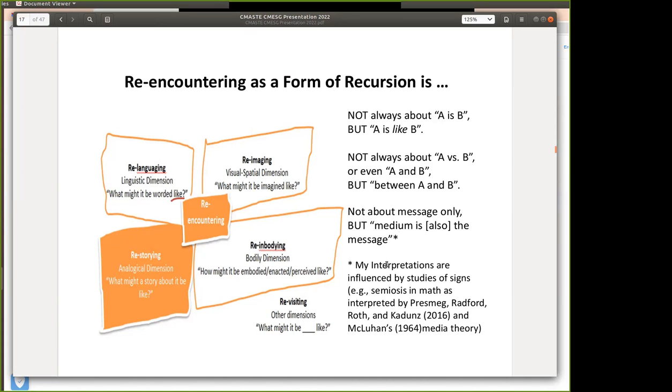And the encountering is not a process about a message only, but also about medium. For those of you who are familiar with semiosis and medium theory, the idea that you're going to hear might not be very strange.